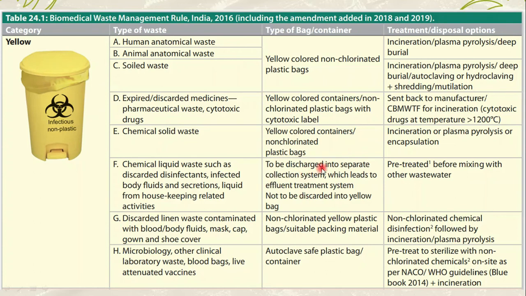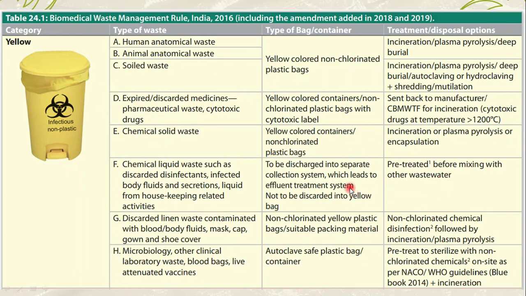These should be discarded into separate collection systems which lead to the effluent treatment system and not into the yellow bag. These collection systems are further treated before mixing with other wastewater.